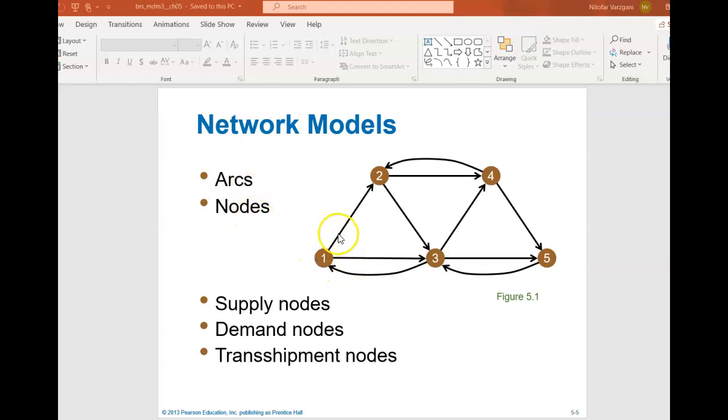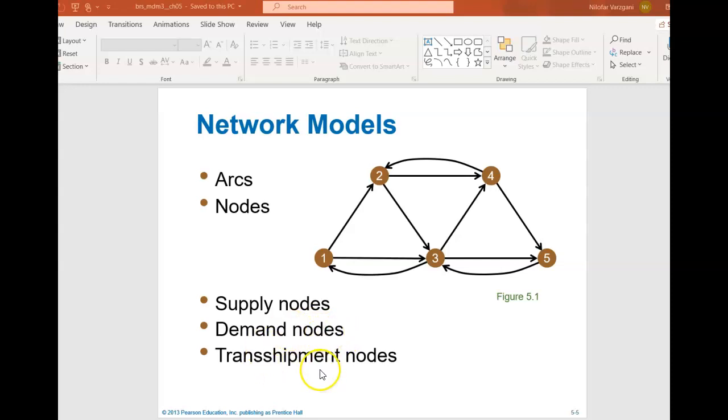The arcs represent the path or the assignment of one entity to another entity, whereas the nodes can either be origin nodes or destination nodes. Origin nodes are also known as supply nodes, and destination nodes are also known as demand nodes. Origin nodes can be something like a factory which produces products, so this is where all the production happens, whereas demand nodes are consumption nodes. This is where all the consumption happens.